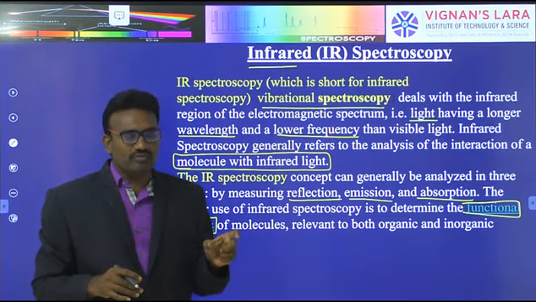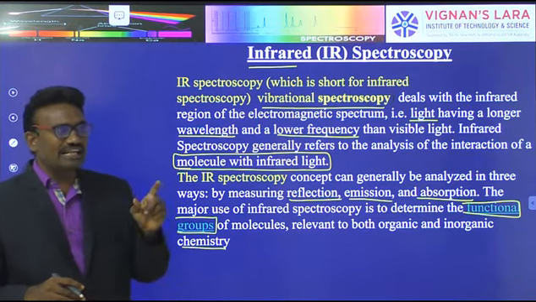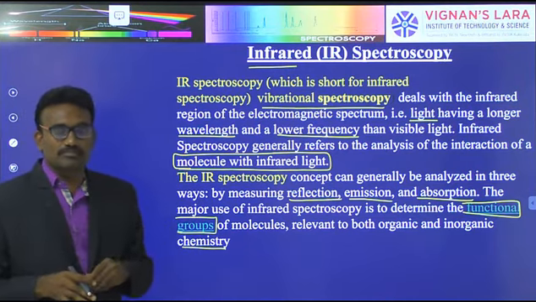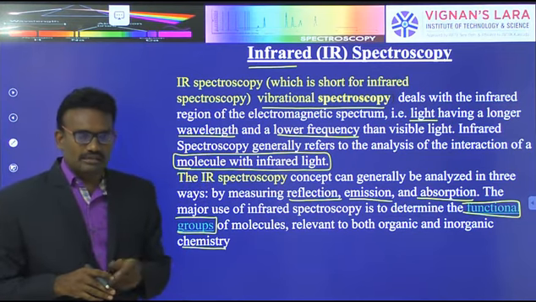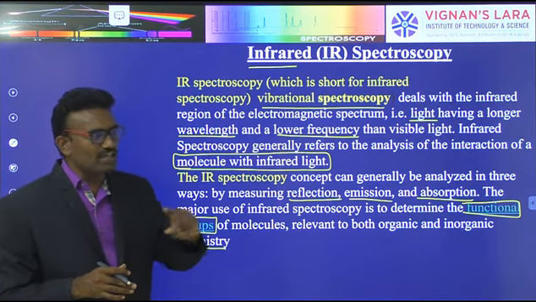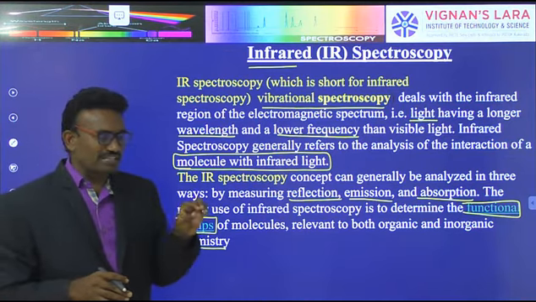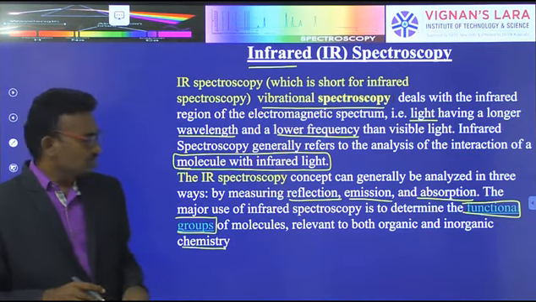Actually, how do we determine functional groups? Functional groups can be determined using analytical testing, practicals, titration, different types of methods. But with IR spectroscopy, the sample is fixed in the instrument and IR region light is passed through it. It is easy to find the presence of a functional group based on the spectrum diagram.